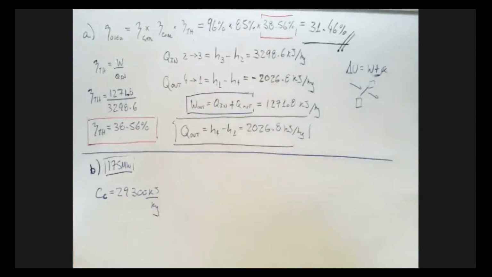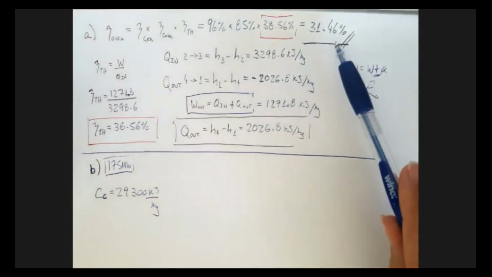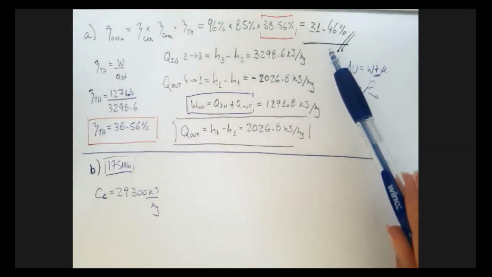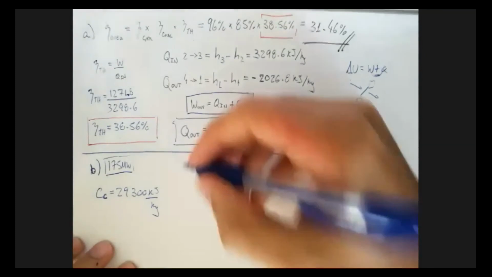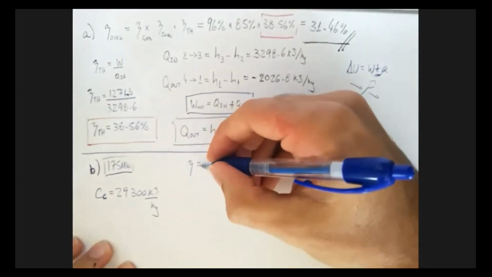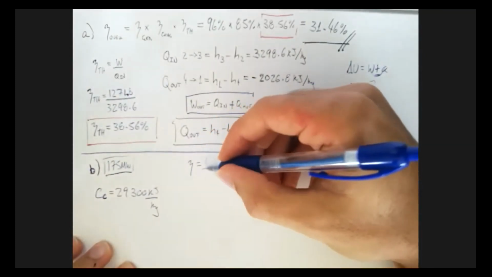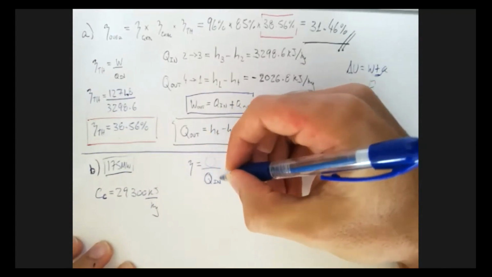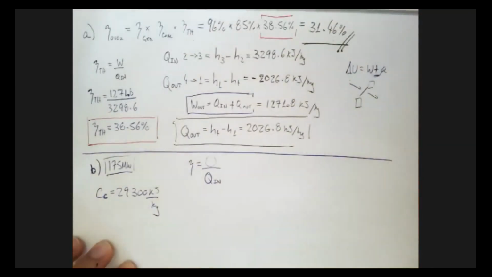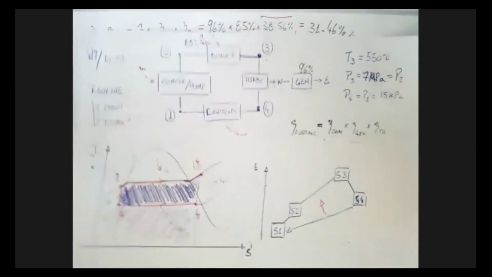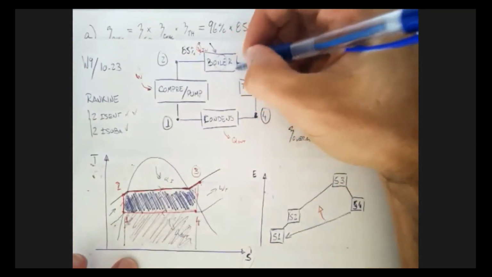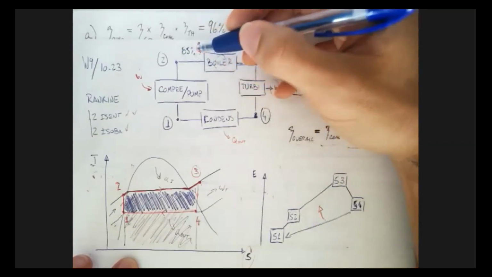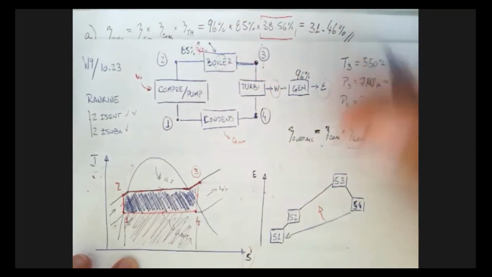Right. So now that we know the overall efficiency, we can use this to see how much actual coal power, let's put it that way, we need to put through. Because we know that the efficiency is a measure of how much we get out over how much we put in. So how much energy, let's put energy in the form of Q, are we putting into this whole system? That is not the boiler giving to the water, but how much coal energy we're giving in the beginning and how much we're actually taking away as electricity.